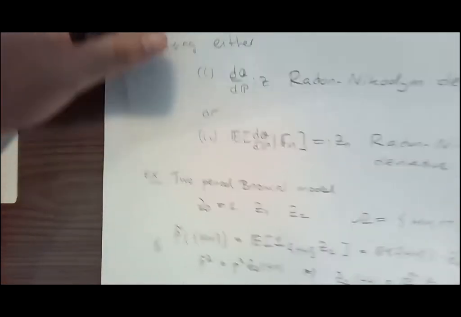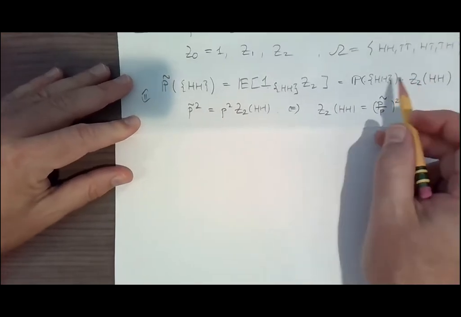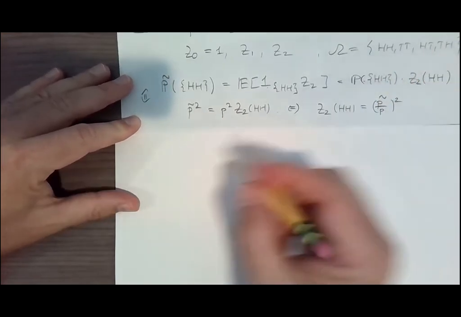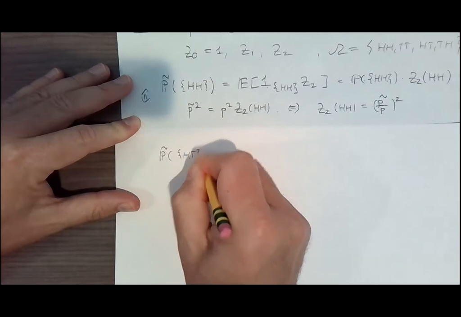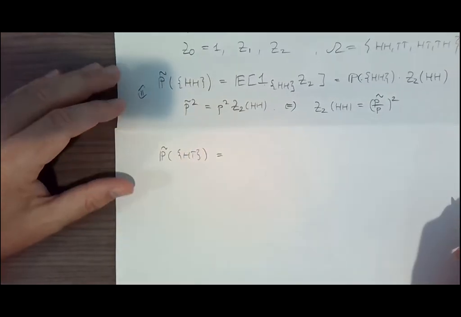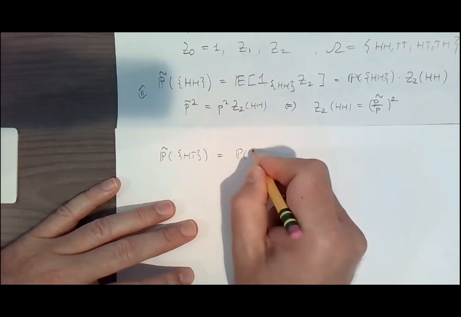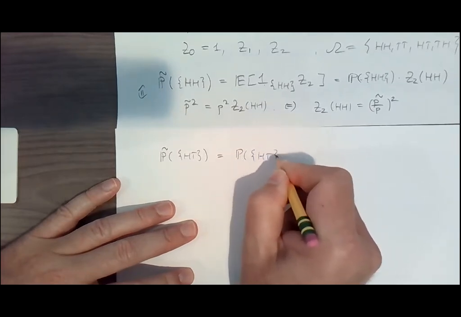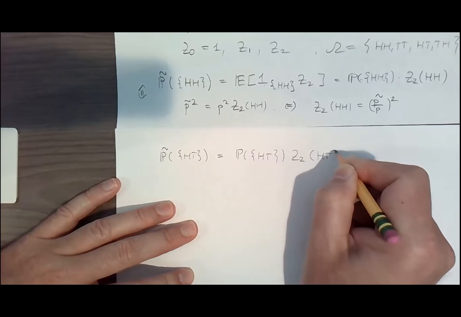You can do the same thing, of course, for all of them. So let's try to do another one. Let's do heads, tails. So you get P tilde for heads, tails. How would you calculate that? Well, it would be exactly the same. It will be the probability under P of heads, tails times the Radon-Nikodym derivative evaluated at HT.